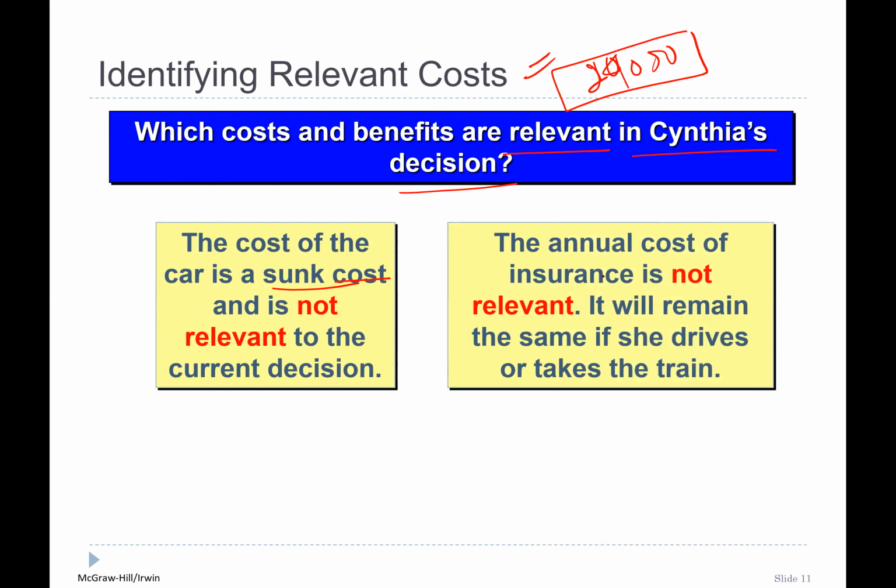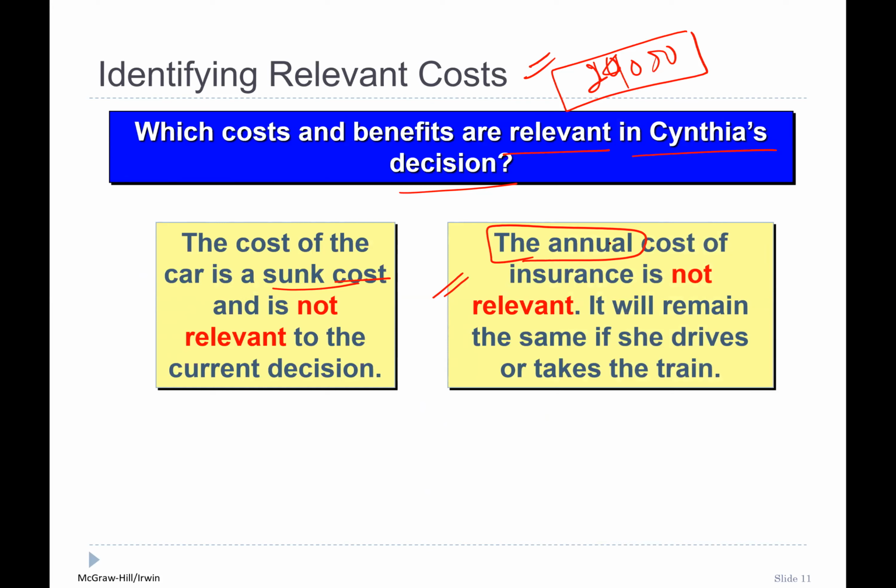The annual cost of insurance is also not relevant. Why? Because you already paid annual subscription, not the monthly subscription. If it is based on mileage, if it is based on per month, then it would be relevant.